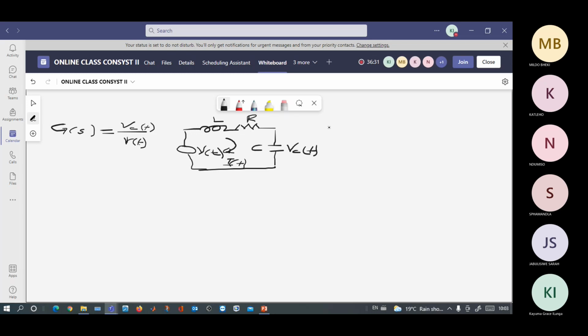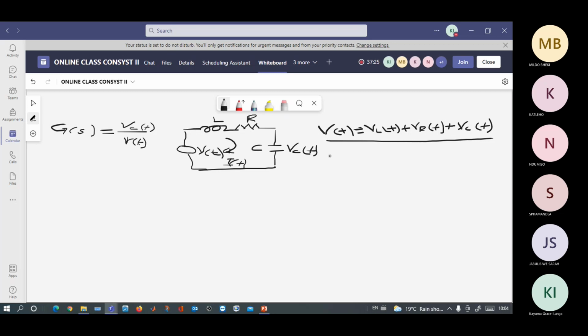So V(t) is equal to, according to the Kirchhoff law, the sum of voltages: V_L(t) plus V_R(t) plus V_C(t). Because the current flowing in this circuit is the same current, but the voltage will be the sum of the different voltages.